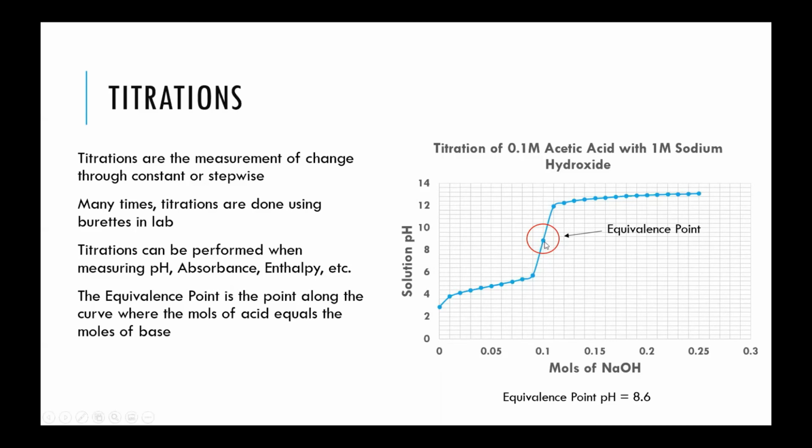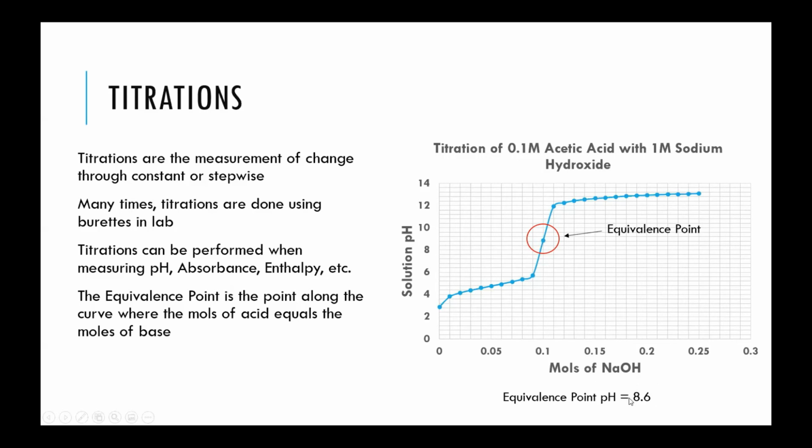And from that point, you can figure out stoichiometrically, if you had an unknown, you can use this to determine what the concentration of the unknown is. And you can also see that when they are equal, all the acetic acid has been neutralized, the pH reading of this is not exactly 7.